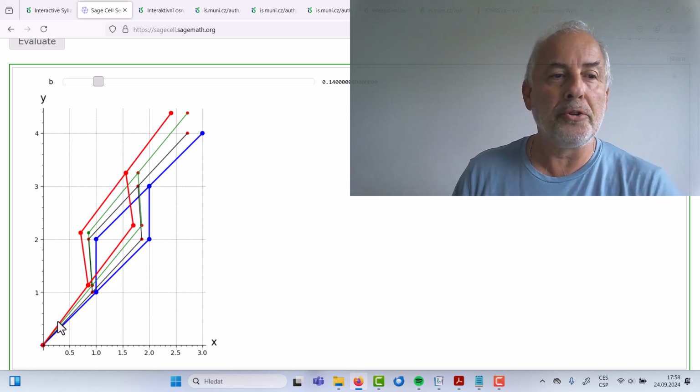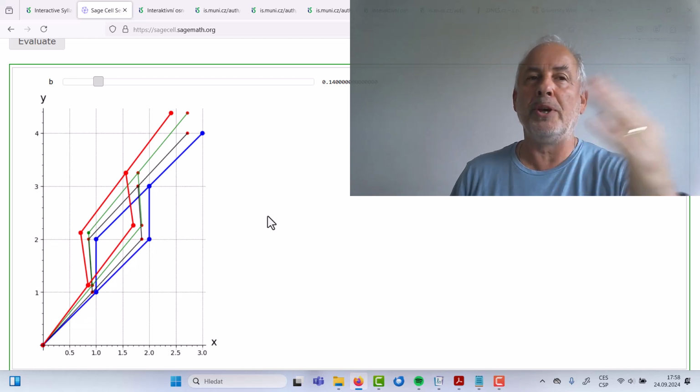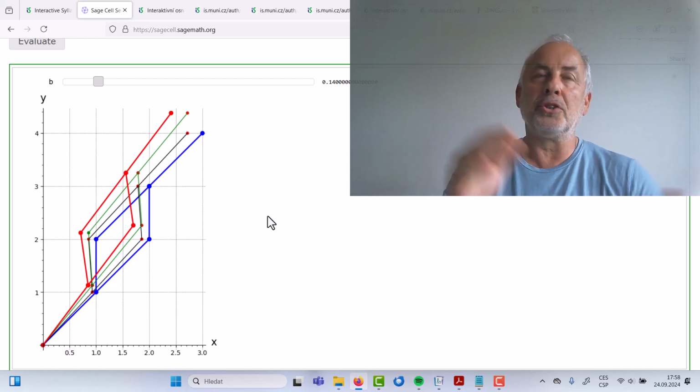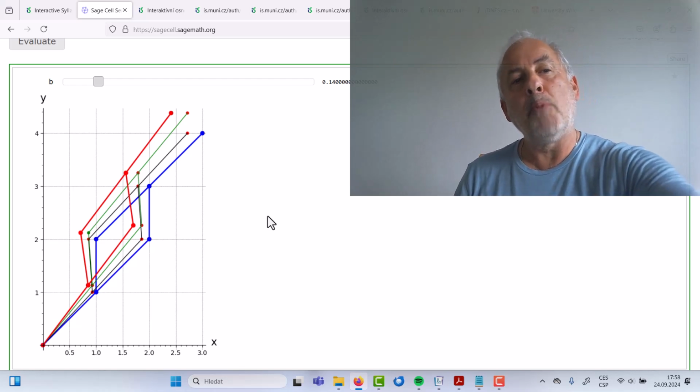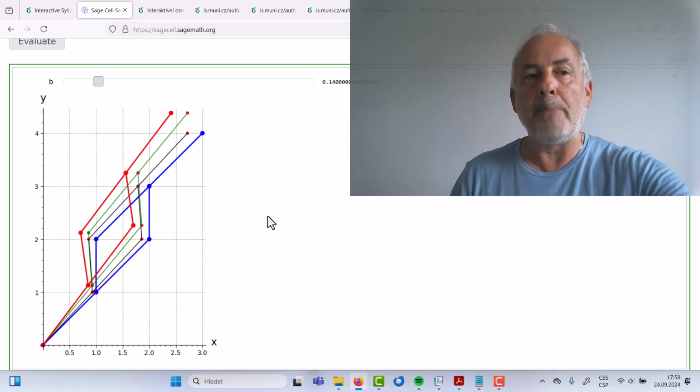So the further I am, the further I am squeezing it. Yeah, it's a linear transformation, so it keeps lines, so it maps lines to lines. So if I map the points, I can automatically map the segments, right?